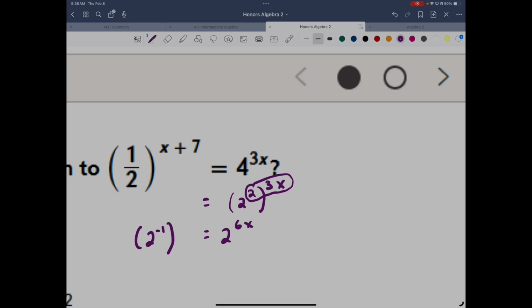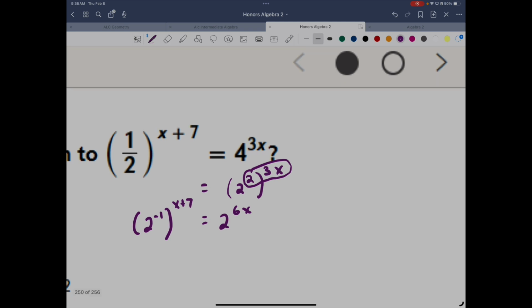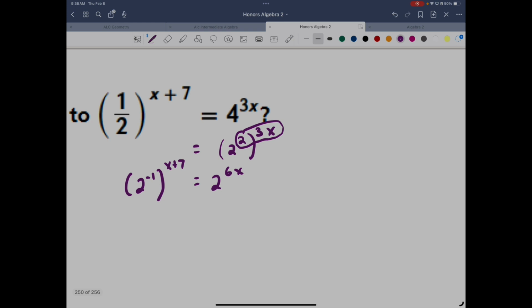So now we still have the x plus 7 sitting up there. So again, if we go power to power, that means I have to take negative 1 times x. So this is 2 to the negative x. And I also have to take negative 1 times 7.